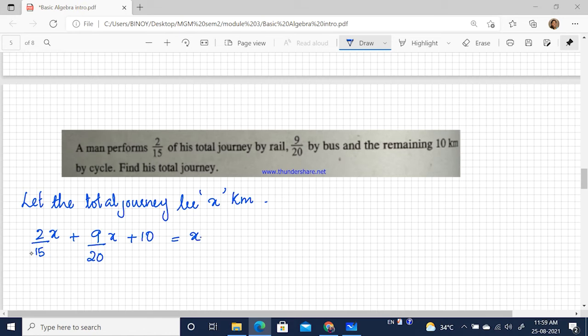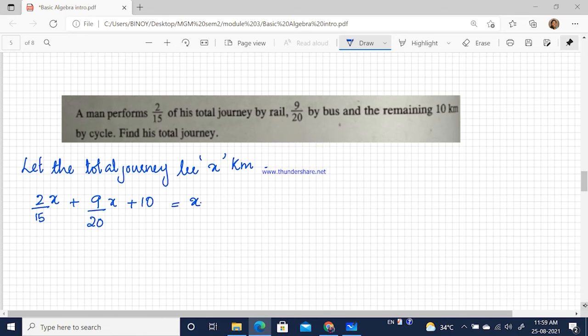So what you have to do is you can consider this as a decimal, 2/15. Rather than finding the LCM, you can consider 2/15 in a decimal. So 2/15 is around 1.33x plus 0.45x.